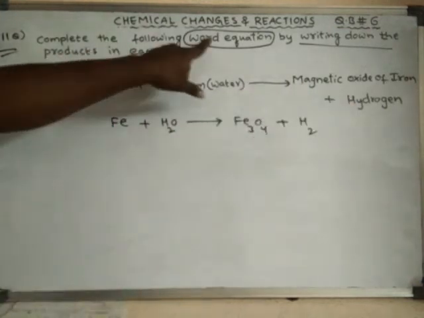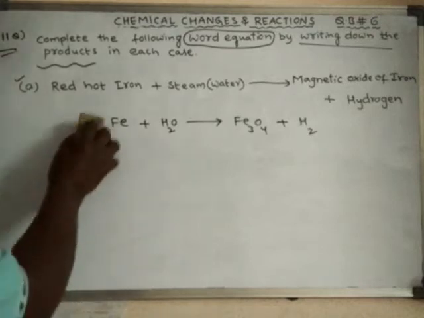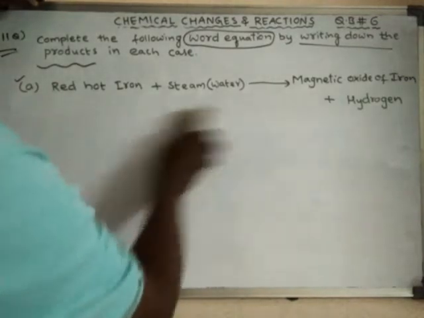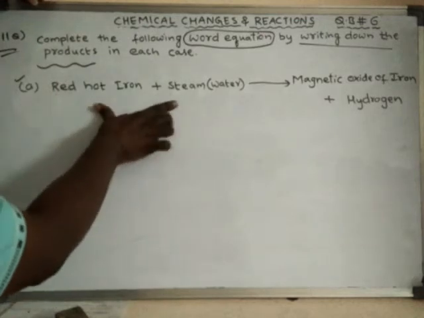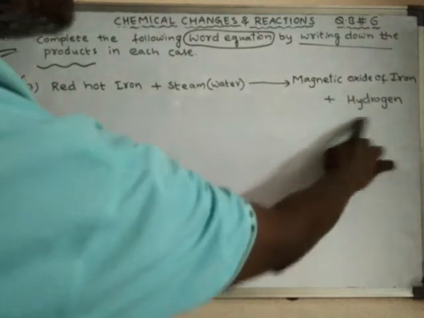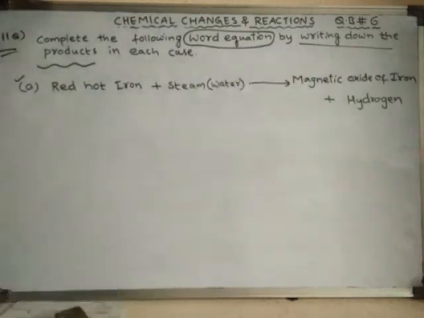So we are dealing only with word equations. The question is related only to word equations, so there is no need of writing a chemical equation. We have to complete the word equation by writing the products.